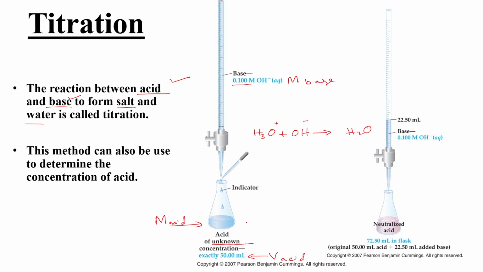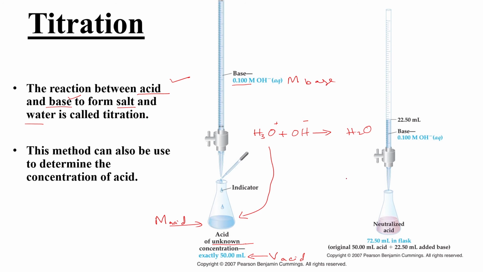But when all of the hydronium ion from this flask is completely reacted, at that time, when one additional drop of the base comes to this solution, this indicator will turn pink or change color. So this indicator turned pink in the basic solution, and that is the indication that all the hydronium is completely converted into water, all the acid is gone, and the reaction is complete.